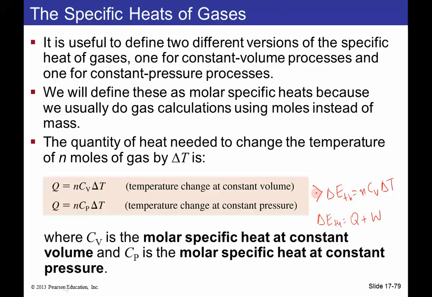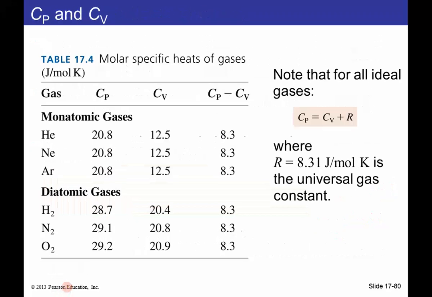Both processes have this change in energy, and this is always true for any ideal process, but the heat added is different for each process. Cv is called the molar specific heat at constant volume. Cp is called the molar specific heat at constant pressure.